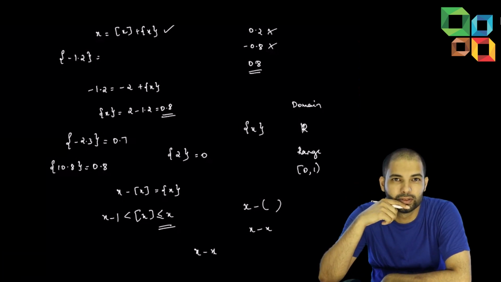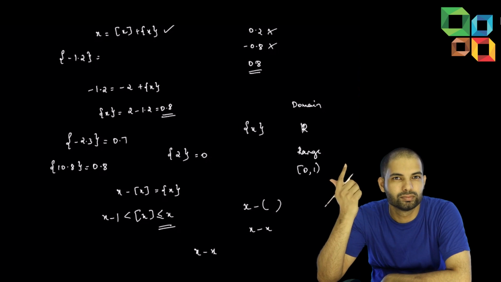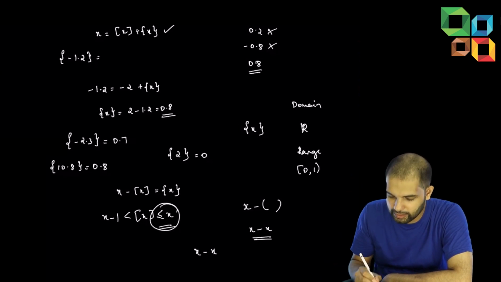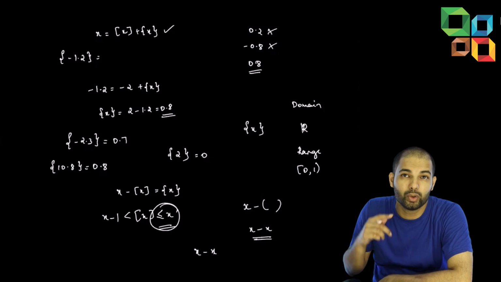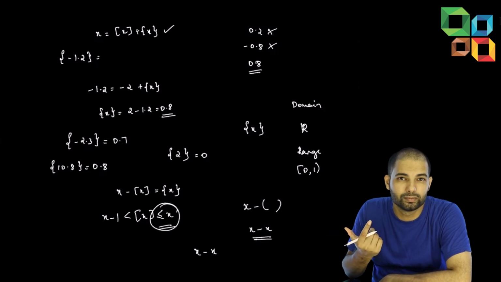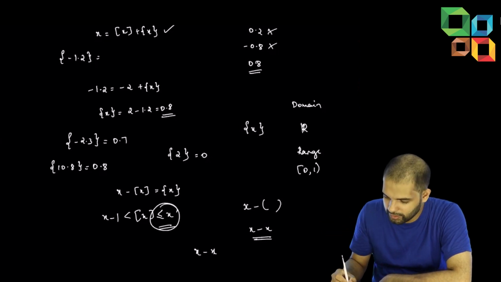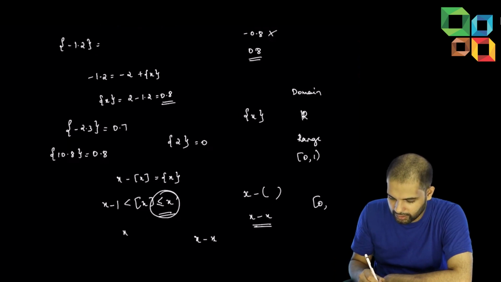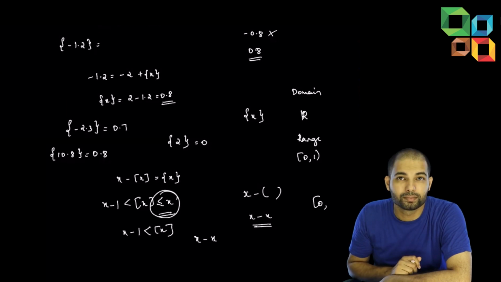Any number less than x will give me a positive number, correct? So the least value possible is 0. That is at x. That you agree, right? So least value possible is when this is equal to x. So at equal to x, it will be 0. So that is the least value. Okay. Same logic on the other side. Now this number, whatever this number is, it's greater than x minus 1.